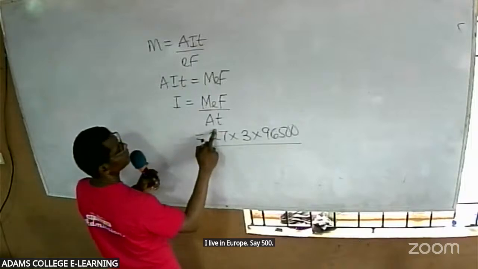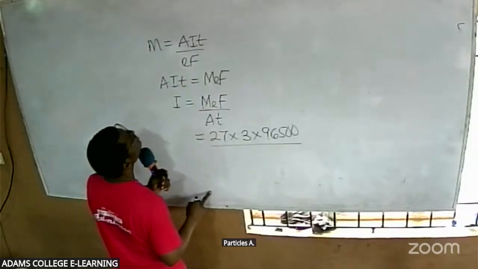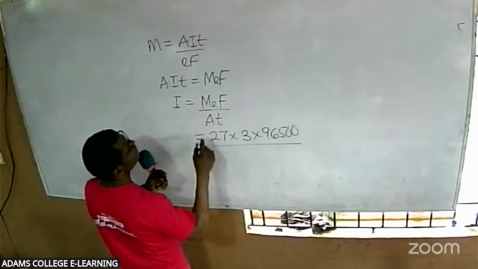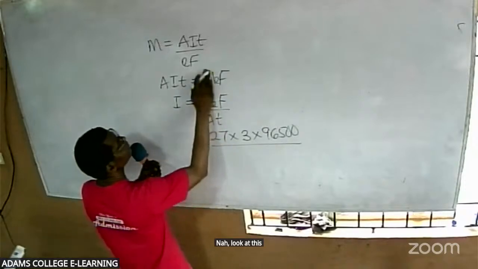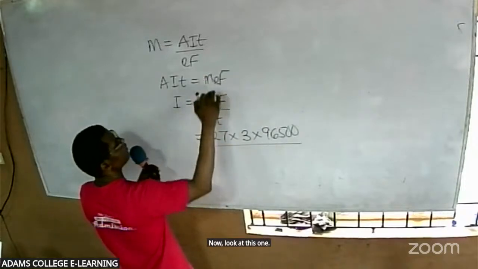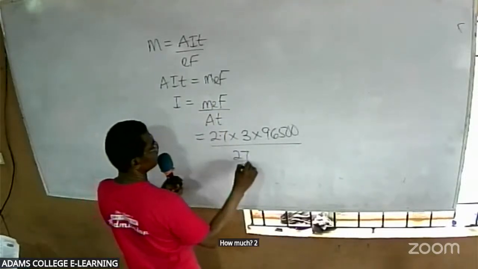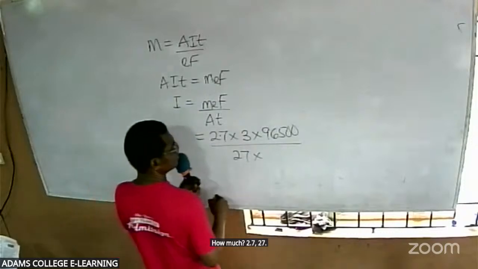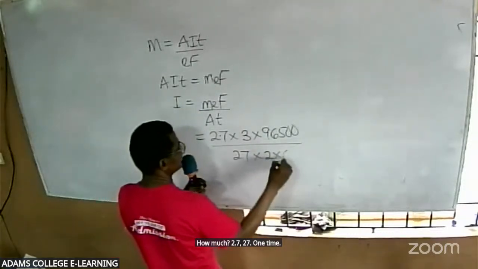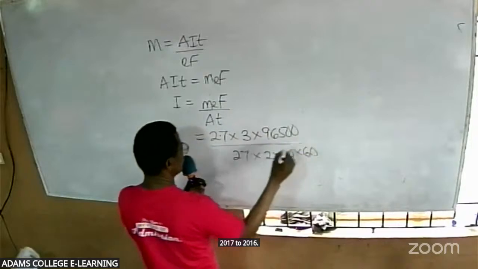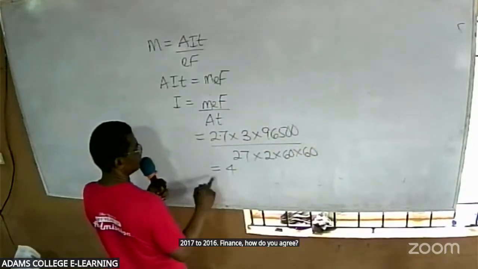What is A? 27. Time is 2,360. So what do you get? 4 amperes.